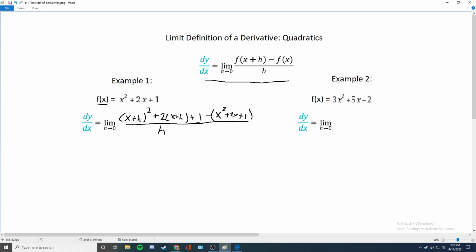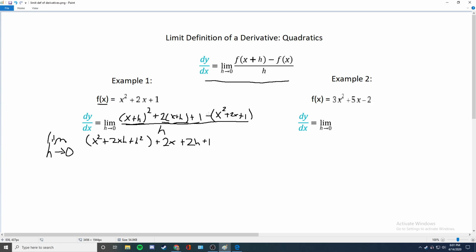So our first step here is to simplify the top. We're going to have to expand this out and distribute this 2 through. So if we take the limit as h approaches 0 of, if we expand this (x plus h) squared out, that gives us x squared plus 2xh plus h squared, plus distributing this 2 to the x and the h, plus 2x plus 2h plus 1.